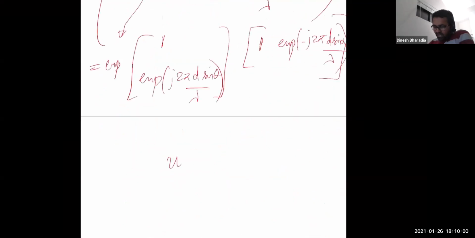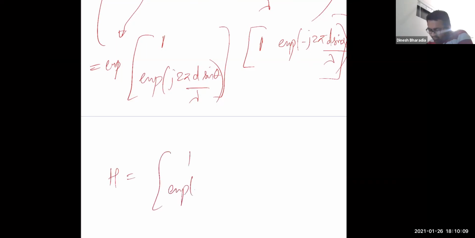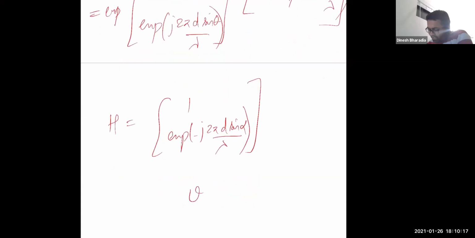So in a manner of speaking, what I was trying to get to is the following. The term which I should have gotten for h is 1, exponent of minus j2 pi d sine alpha over lambda. This is your received rotation v. I'm going to call it v star, and you have u, which is 1, exponent of minus j2 pi d sine theta over lambda.